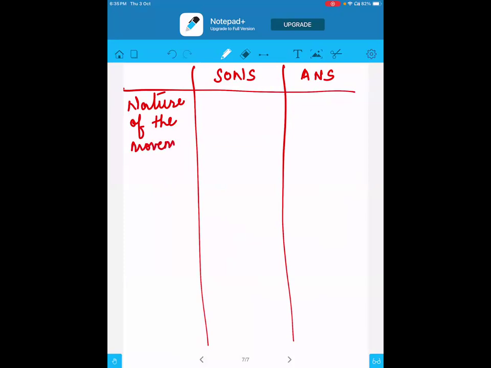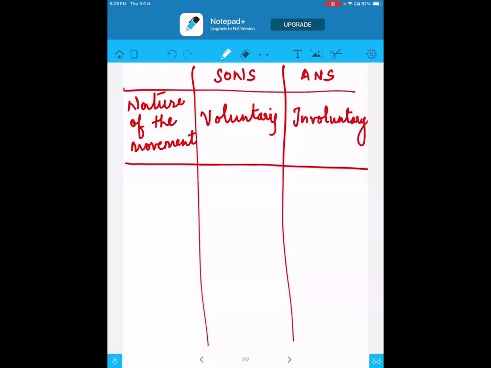So here it can be voluntary and it can be managed. Managed means we can regulate them. Whereas here it is involuntary. Fine. Nature of the movement is this.